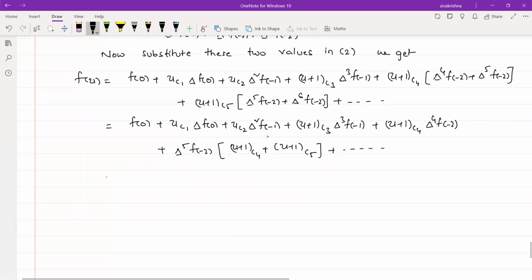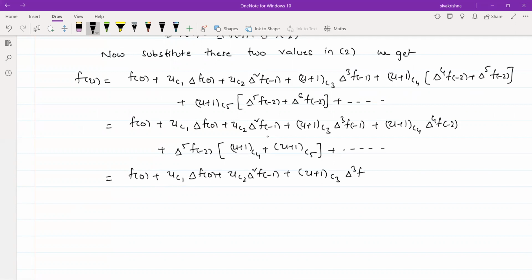So from this we get f of 0 plus uc1 into delta f of 0 plus uc2 into delta square f of minus 1 plus u plus 1 c3 into delta cube f of minus 1 plus u plus 1 c4 into delta power 4 f of minus 2 plus, once again, u plus 1 c4 plus u plus 1 c5 can be written as u plus 2 c5 into delta power 5 f of minus 2, and so on.